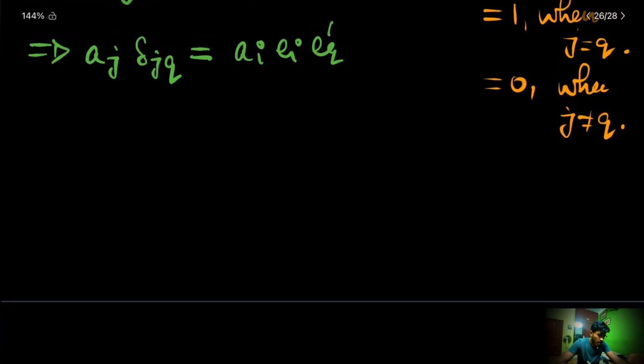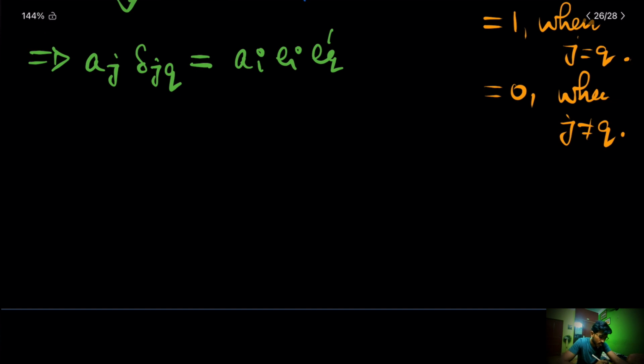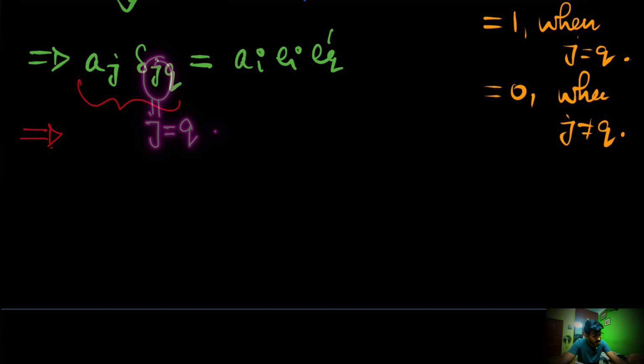Now another thing, what will be now this expression? You see, if j is equal to q, then I can write delta jq is 1. So if j is equal to q, then delta jq is equal to 1.